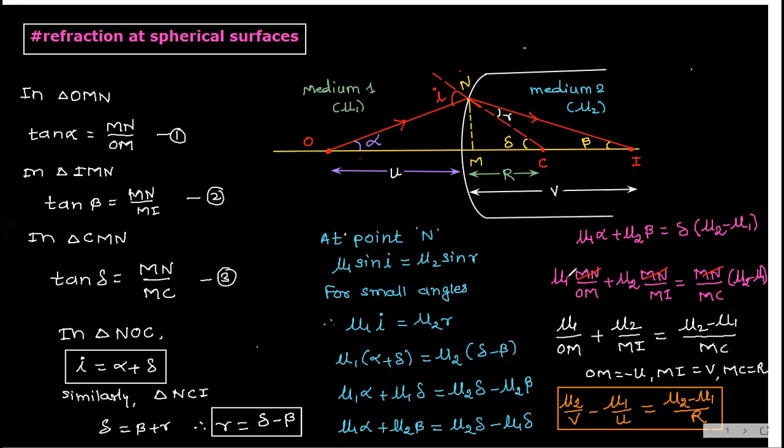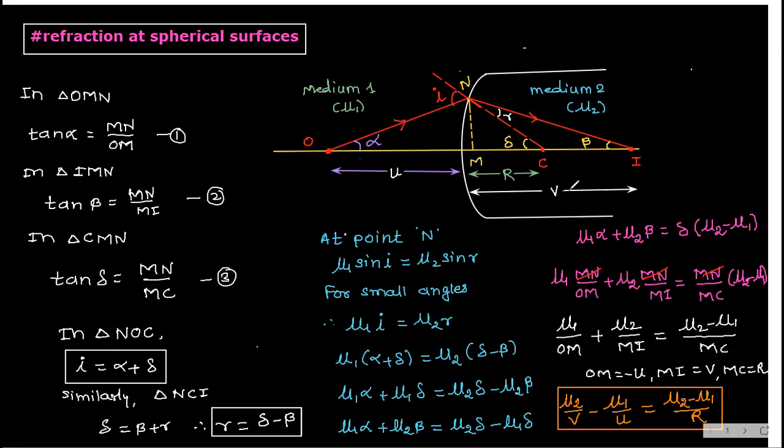See here, mu1 by OM is there, mu2 by MI is there, and mu2 minus mu1 by MC is there. Now this OM here, put minus u: mu1 by minus u plus mu2 by v, and mu2 minus mu1 by MC means what? R. Look in the diagram here: OM is u, MC is R, and MI is v. But as this is object distance and this side you are taking opposite to the right direction, that's why it is minus.